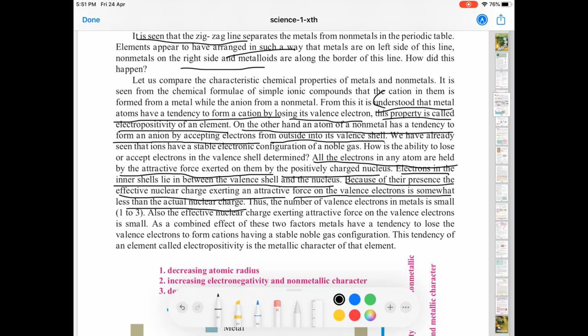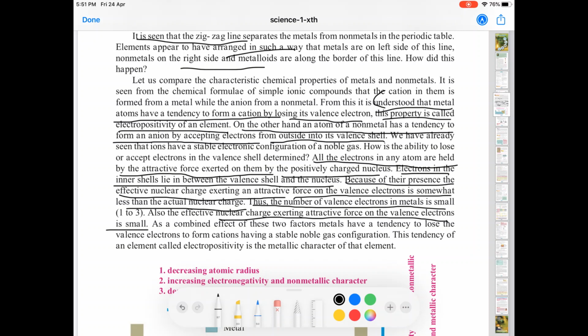And the number of valence electrons in a metal is considerably small, and so the effective attractive force acting on the valence electrons is also small. It is less because the middle electrons are shielding the outermost valence electrons from the nuclear pull.